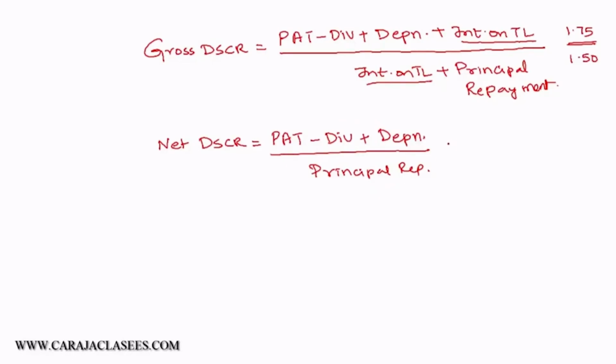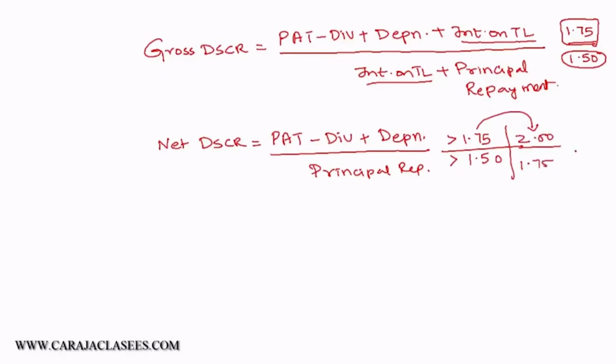So this ratio is expected to be higher than gross DSCR. If minimum gross DSCR is expected at 1.75, net DSCR should be greater than 1.75. If minimum is expected to be 1.5, net should be greater than 1.5, and obviously it will be greater.